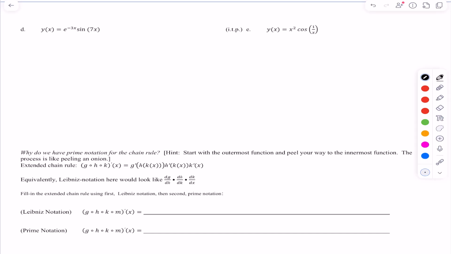This example here, you do have to be careful. You're going to use the product rule here. So when you look at this, pay close attention that you're using the product rule.